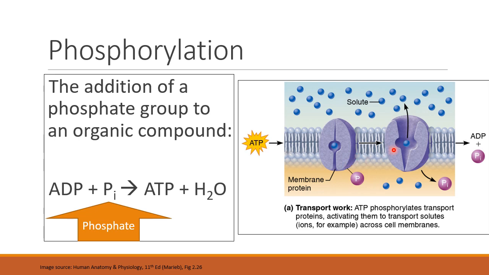And that creates the ability for this protein to do the work of opening up by releasing that phosphate group. So when this phosphate is released, it generates energy and a particular change in the structure of that protein in order for it to work and pump the solute out of the cell.